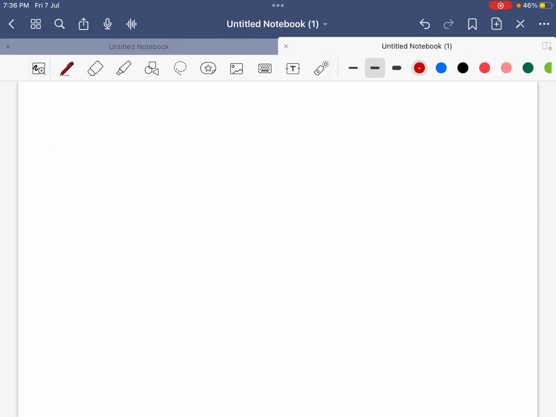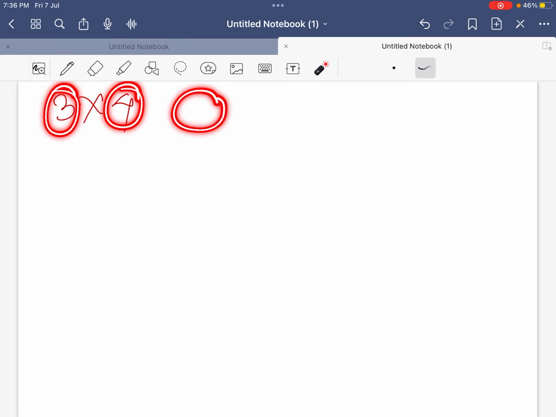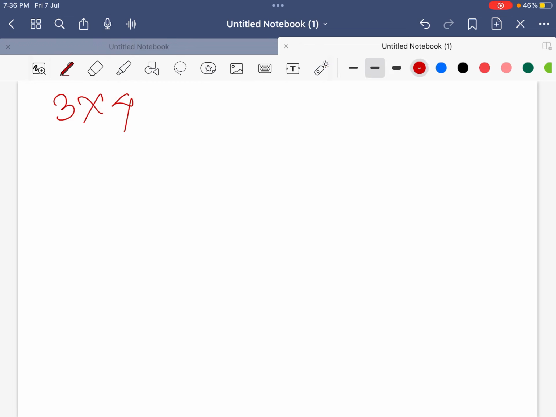Now let's solve a few more examples. 3 multiplied by 4. This is a positive number, this is also a positive number, so your answer will be positive. So 3 4s are 12. We are solving this first type of example. Take 8 and 9.